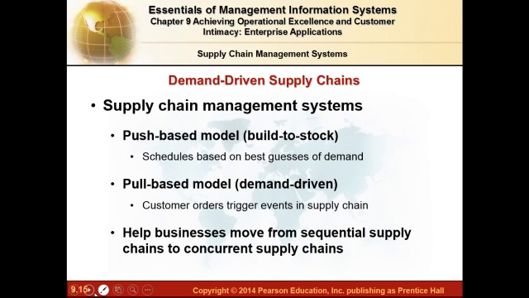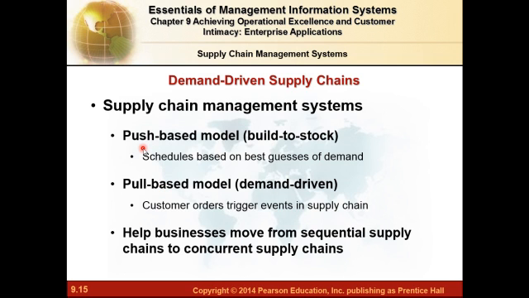Now the demand-driven supply chain, from push to pull manufacturing. Traditionally, customers purchase whatever products are available.